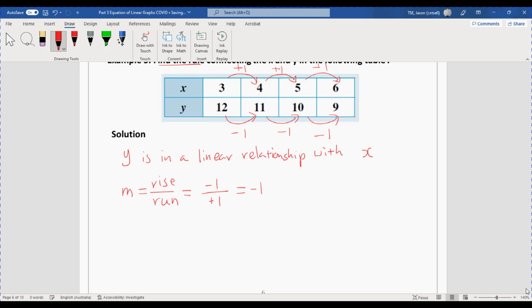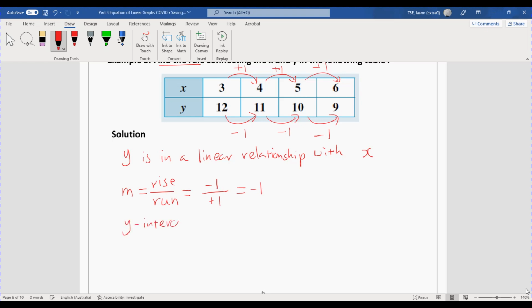And m is not difficult to find, to be honest. The problem is, do we have y-intercept in the table? No. Again, we don't have y-intercept in the table, just like what happened in the previous example.